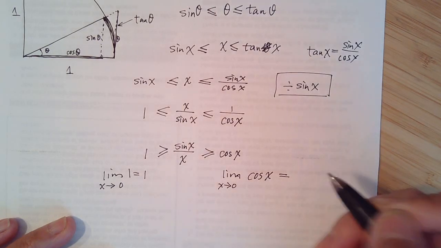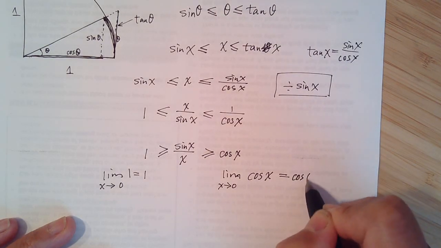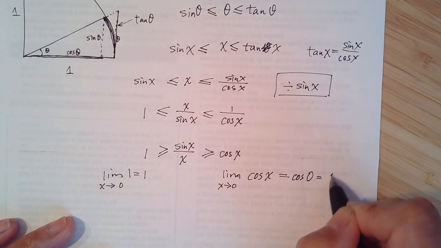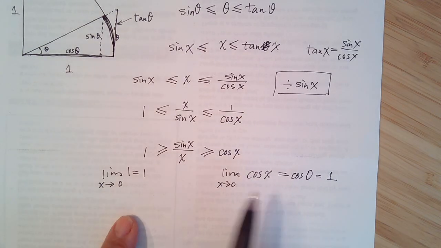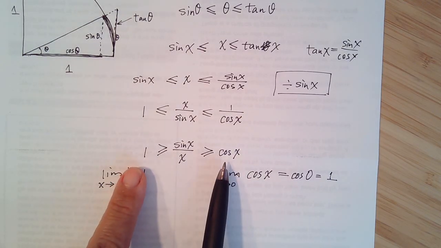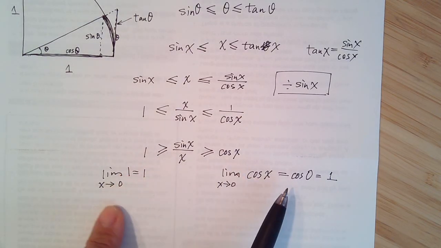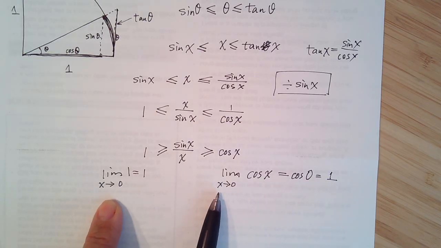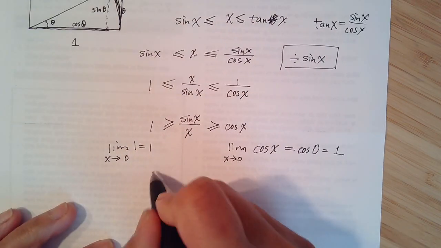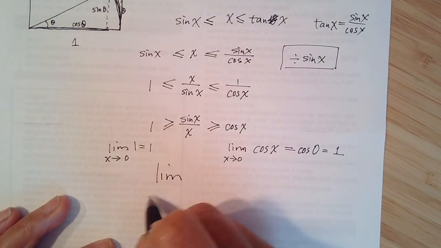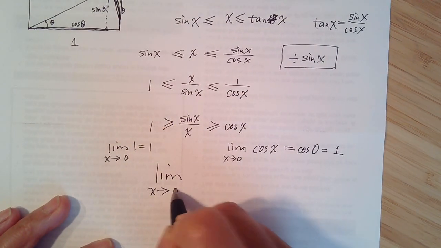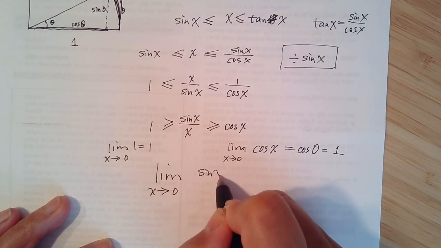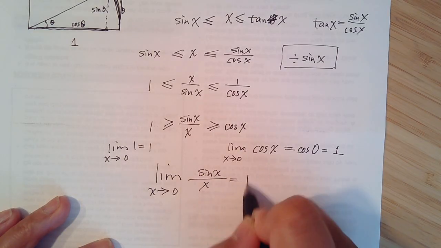We can just get cosine 0, and cosine 0 is just 1. See, look, these two pieces of bread, these two functions, they both have the limit of 1 as x approaches 0. Therefore, we proved it. The limit when x approaches 0 of sine x over x should be 1.